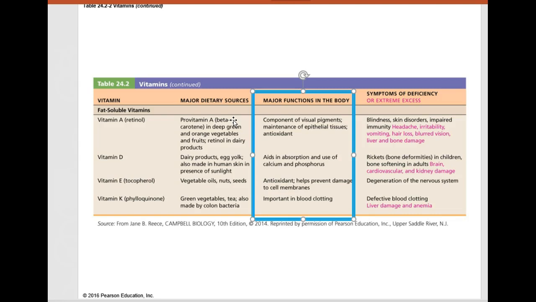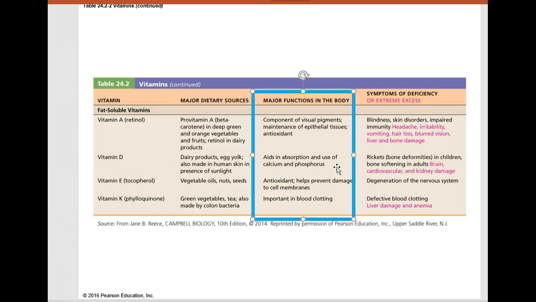Vitamin D, chapter 6, super important, and chapter 16 is really important because we need it to help us absorb calcium from the diet. The hormone that allows us to use vitamin D to absorb calcium from the intestines is parathyroid hormone.